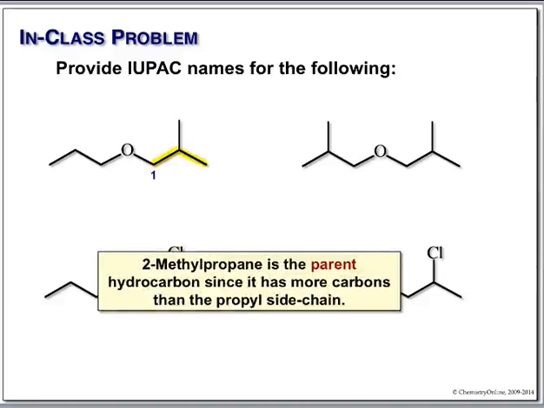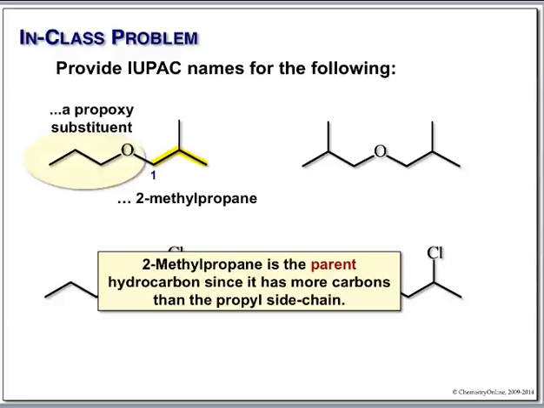Now, our parent chain has a methyl group on carbon 2, so it's a 2-methyl substituent, 2-methylpropane. Our side chain here, if this was just a chlorine, we would call it a chloro, right? Remember, it's an alkoxy here, so we'll call this a propoxy. Now we take it and we string it all together.